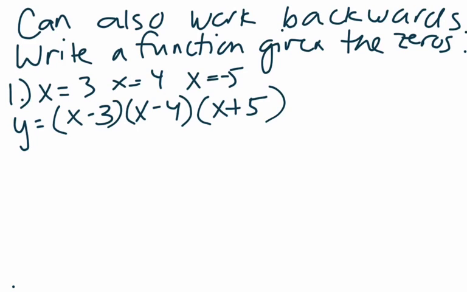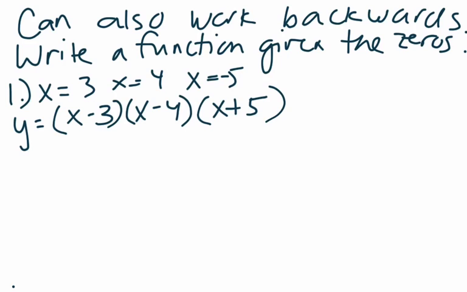We said write a function with the given vertex that goes through a point. The way you do that is you plug in the x and the y of the point and solve for the leading coefficient. We're not going to do that with polynomials, but it is something you've done before and it does extend to your higher order polynomials.